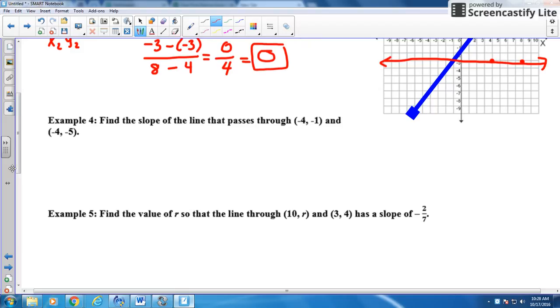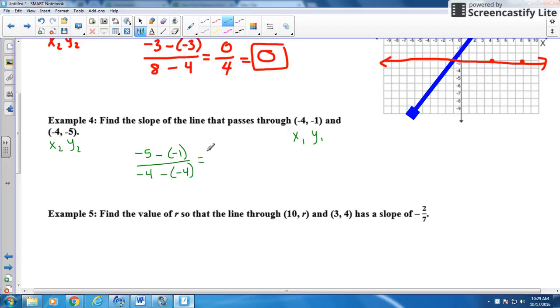And example 4, let's switch to green. Okay, so again, here we have x1, y1, and x2, y2. So we'll do -5 minus -1 over -4 minus -4.